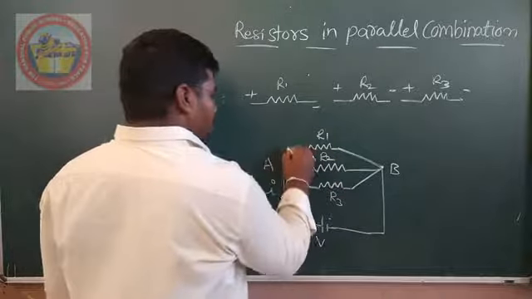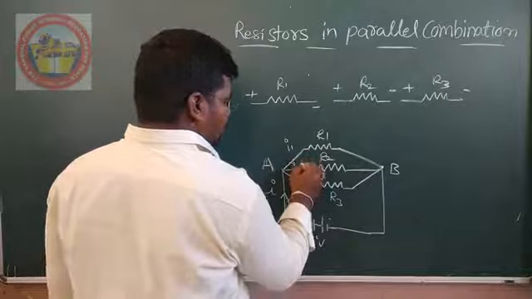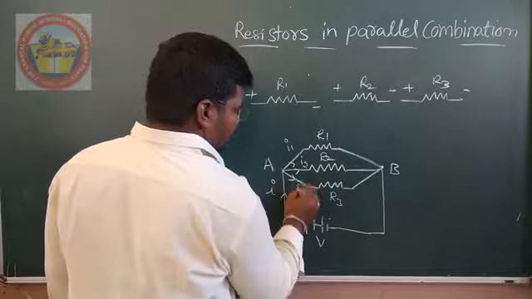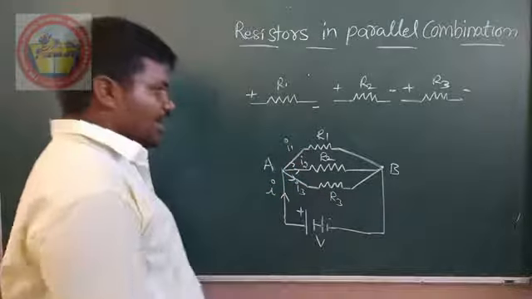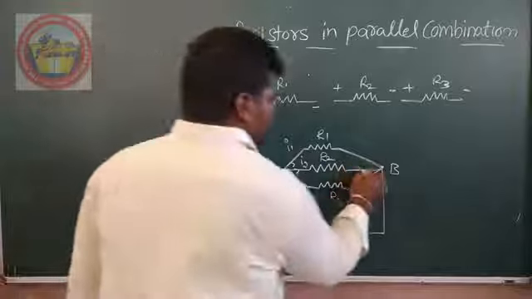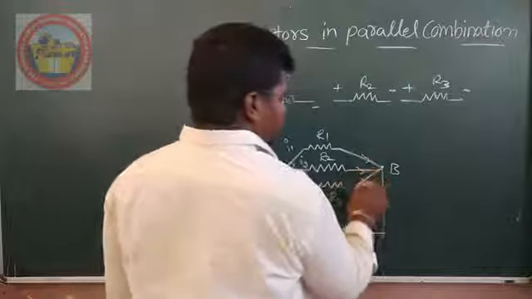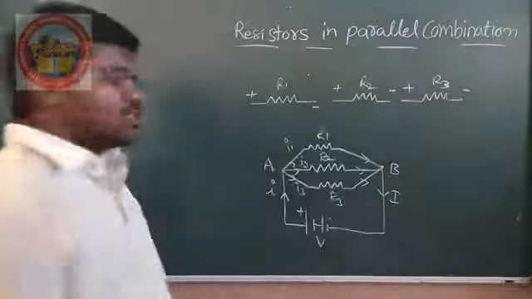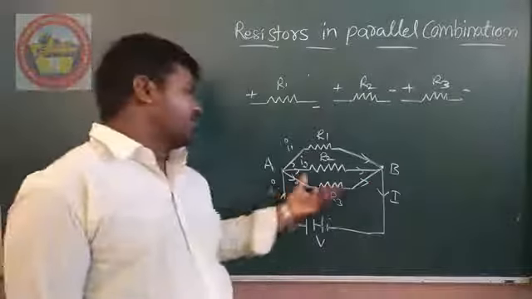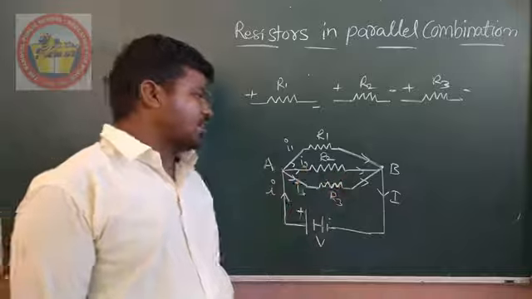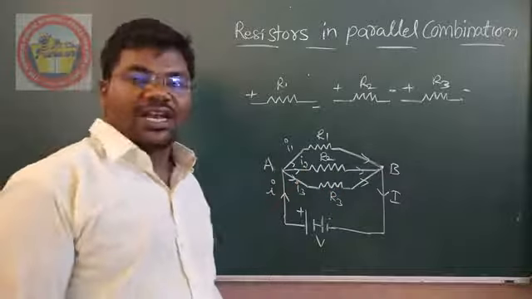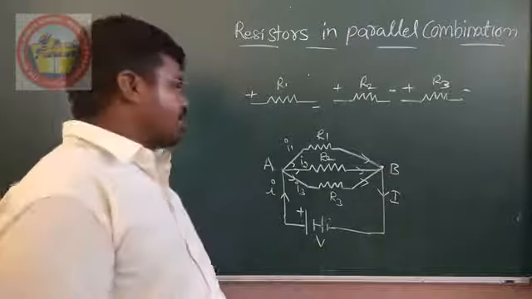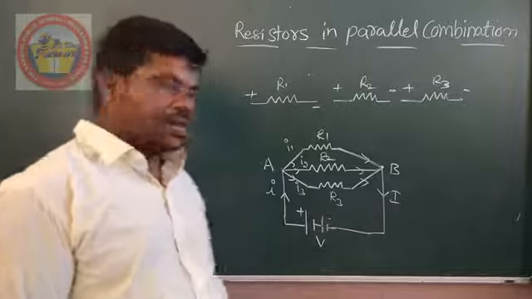Here we have currents I1, I2, I3, and they combine to become I throughout the circuit. This type of connection is a parallel combination.